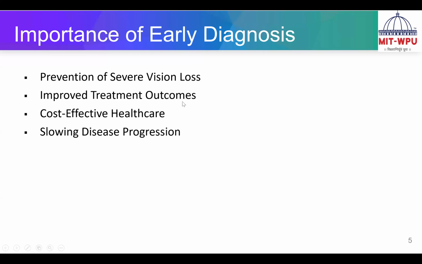Then, improved treatment outcome. Early diagnosis increases the chances of successful treatment, as certain therapies are more effective when administered in the early stage of AMD. The next is cost-effective healthcare. Early diagnosis or intervention can reduce the long-term healthcare cost associated with the advancement of the disease. Then, slowing the disease progression.